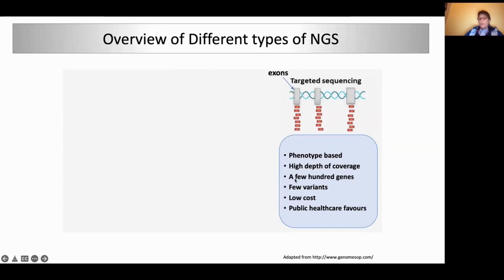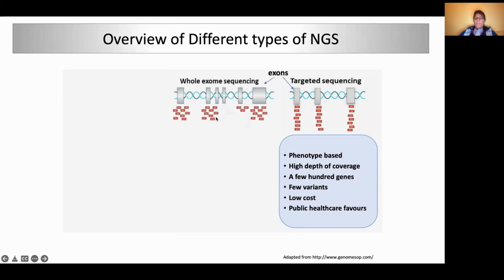You're only going to be sequencing a few hundred genes at most, and therefore the numbers of variations from the reference are going to be relatively small, so both the sequencing and analysis costs are low. Public health systems still tend to favor this as a first-off because it's a very manageable cost. However, as Matthis has mentioned, it's very limited in what it can do.